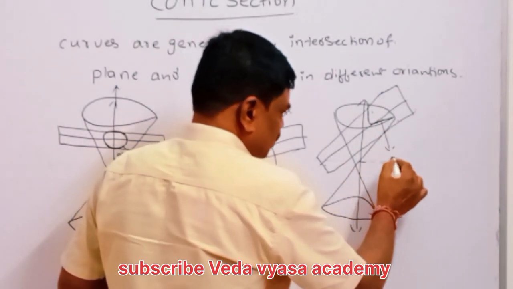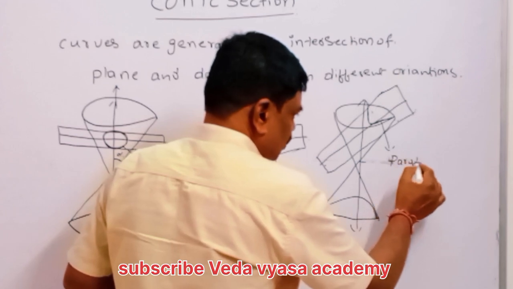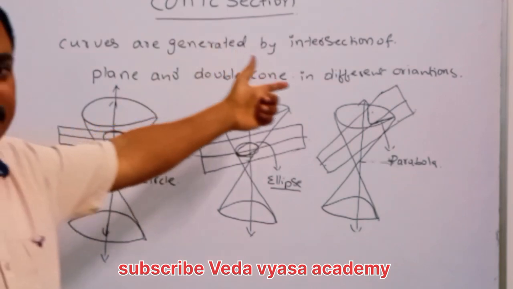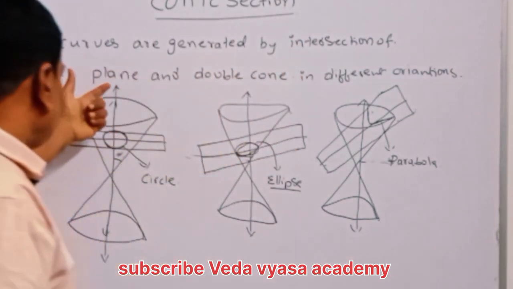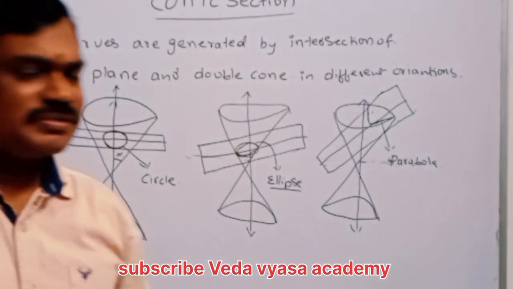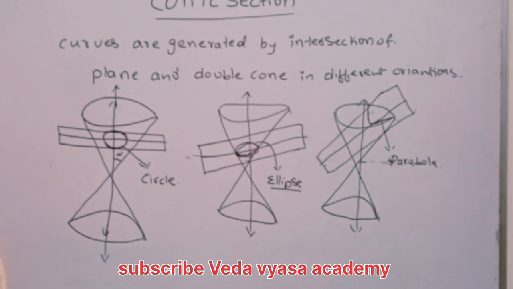This curve is a parabola. Like this, curves are generated by intersection of a plane and a double cone in different orientations. Like this, different curves are formed.